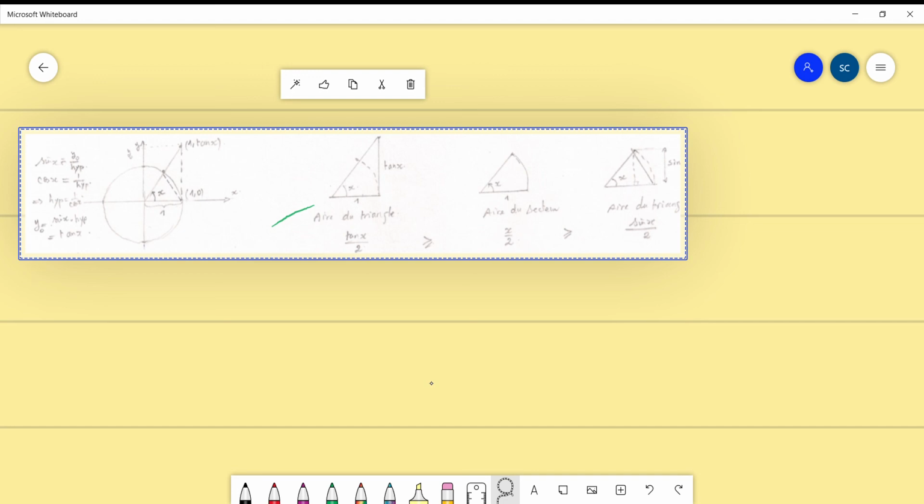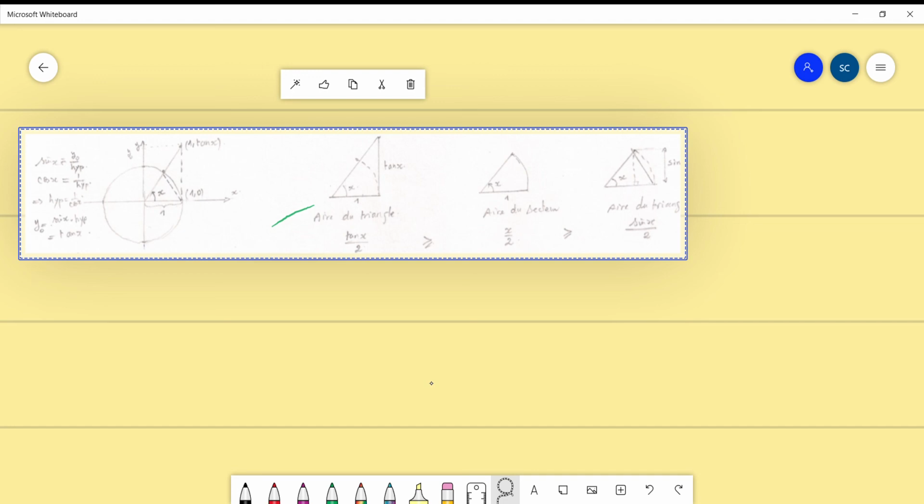Sine x is the opposite side over the hypotenuse, which we call y0. The cosine is the adjacent side over the hypotenuse, 1 over hypotenuse. So the hypotenuse is 1 over cosine x. y0 is sine x times the hypotenuse, and finally y0 is tangent x.